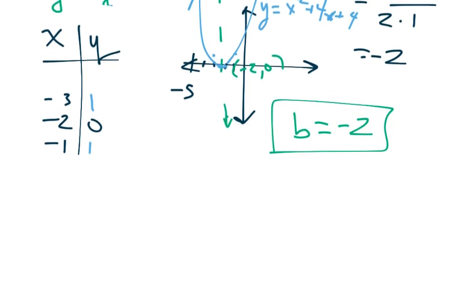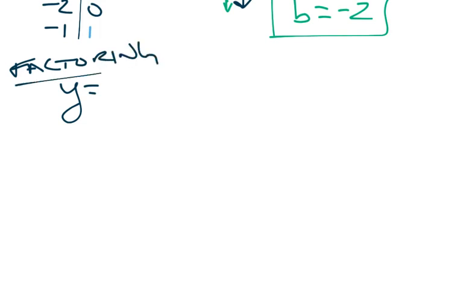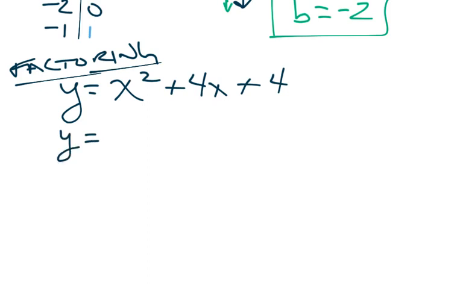And move down a little bit on your paper, and maybe do this off to the side if we're out of room. And let's rewrite the equation one more time. And above this, let's write the word factoring, because we're going to do this through factoring this time. So if I have y is equal to x squared plus 4x plus 4, well, I can factor this nicely, because this would be one of those perfect squares.